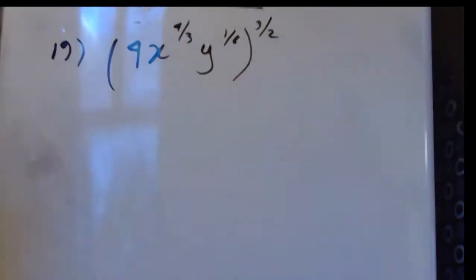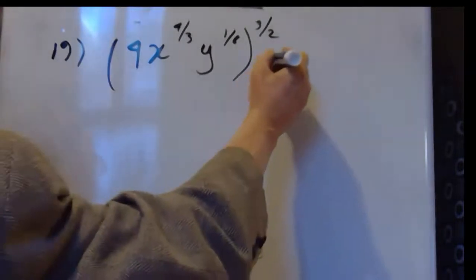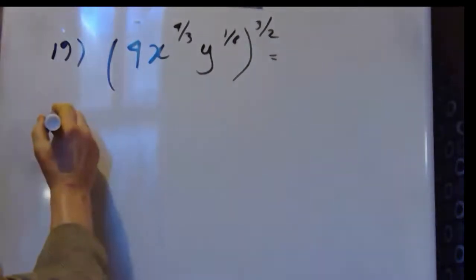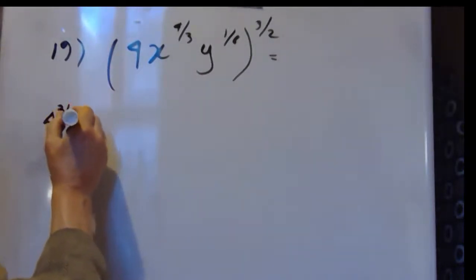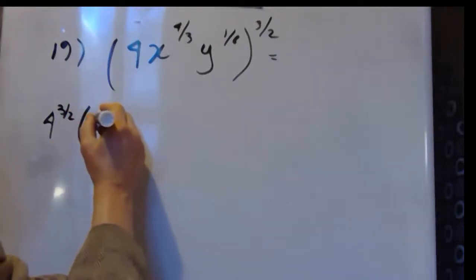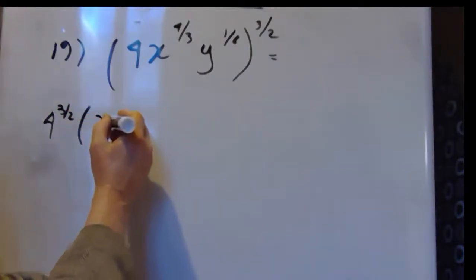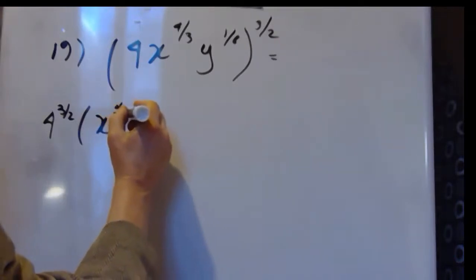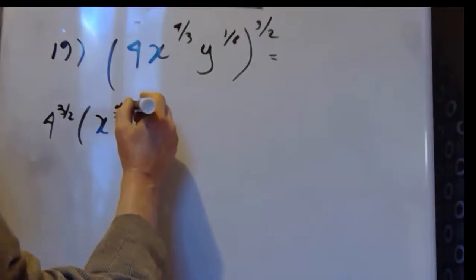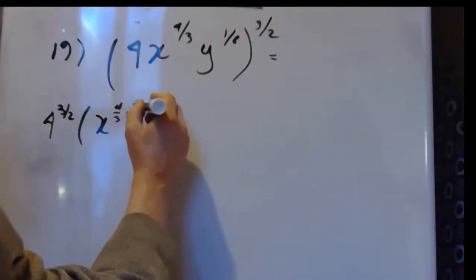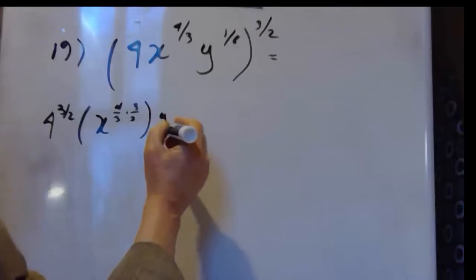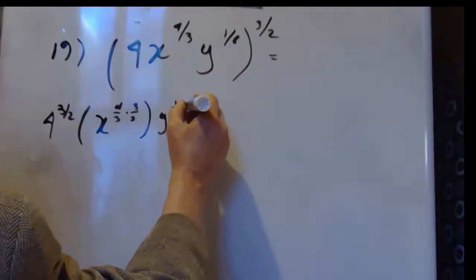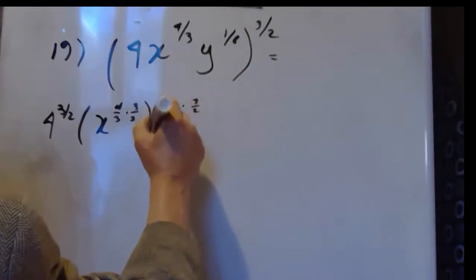So now I'm going to bring in the 3/2 through the whole thing. So I end up with 4 to the 3/2, x to the 4/3 times 3/2, and y to the 1/6 times 3/2.